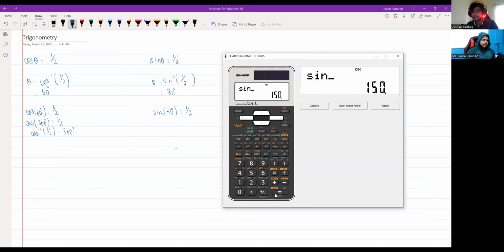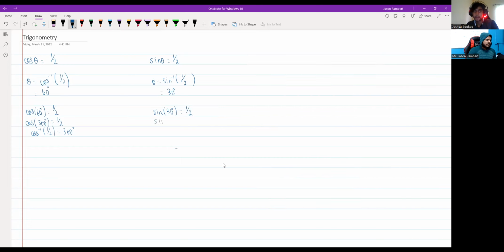Also a half. So you're telling me that sine of 150 degrees is also equal to 1/2, which means sine inverse of 1/2 is also equal to 150 degrees. But on the calculator, we didn't get that value.